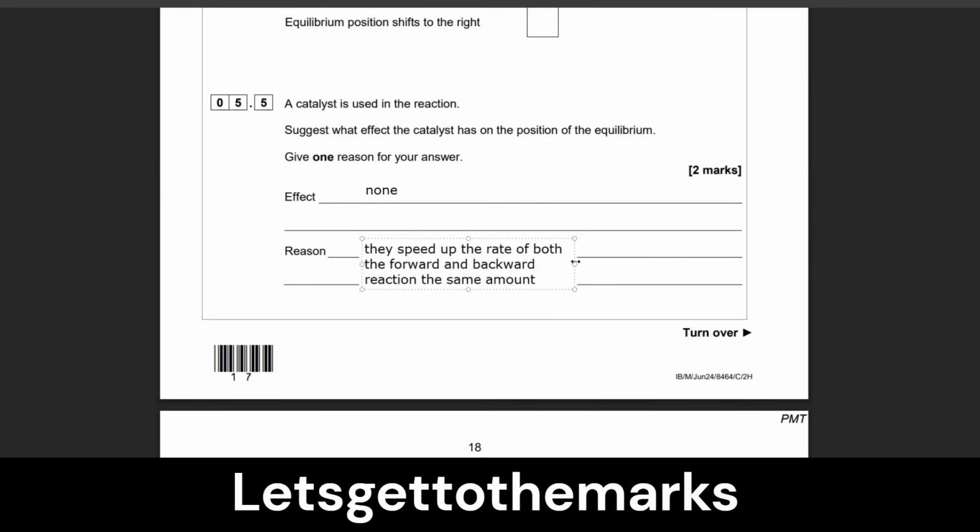So if the forward reaction is going at 1 mole per second, they speed up the backward reaction to 1 mole a second as well. So the reaction does not change its equilibrium position. They do, however, increase the speed that you get to equilibrium, but they do not change the position of equilibrium.